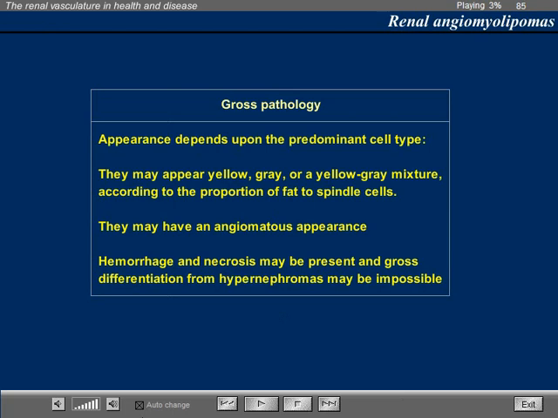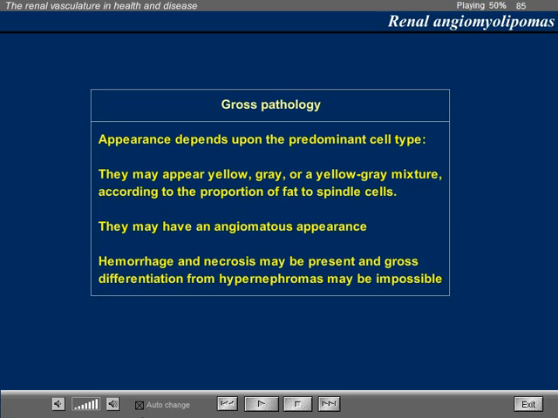On gross examination of a renal angiomyolipoma, the appearance of the lesion depends upon the predominant cell type. They may appear as a yellow, gray, or yellow-gray mixture, according to the proportion of fat to spindle cells. The mass may present an angiomatous appearance.